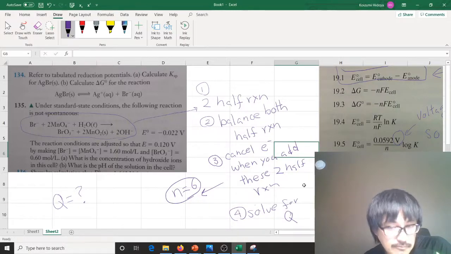So once you do that, let me just write out the stuff here.